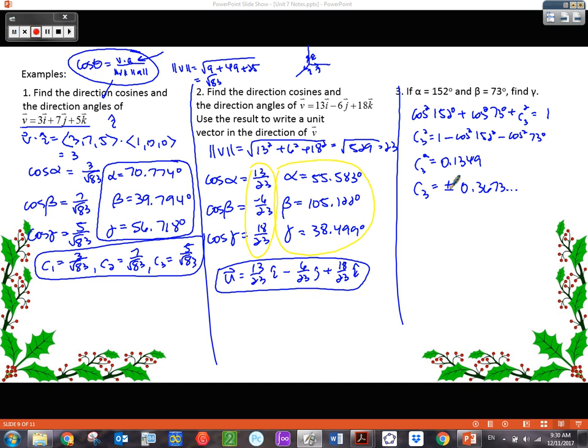So gamma could be, when I do inverse cosine of the positive 0.3673, 68.449 degrees, or gamma could be, when I do inverse cosine of the negative 0.3673, 111.550 degrees. And so that's what gamma could be, either of those. You should get two options typically, just like that. Okay, how is our lesson on direction angles and direction cosines? Are we okay?